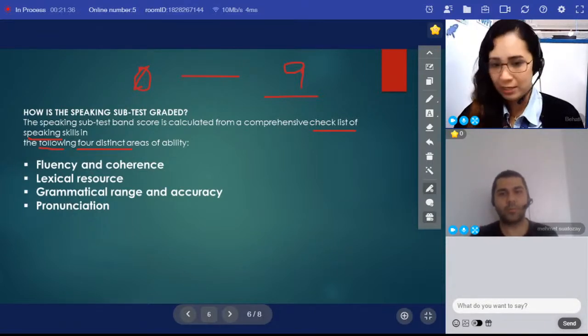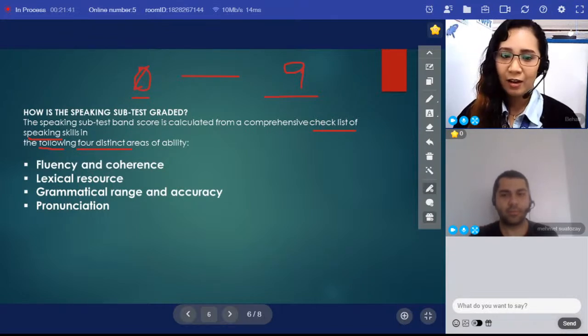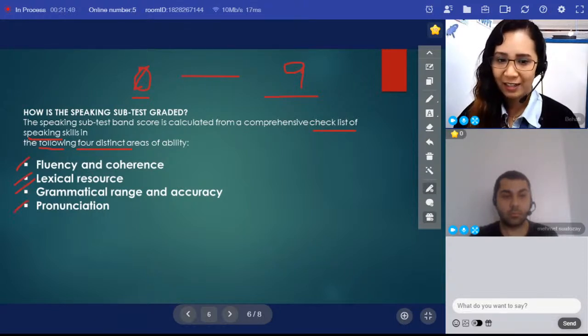That's, of course, the lowest. Nothing to give you. Now, to get a score of 9, you'd have to target the four areas of ability. Let's read number 1, the first one. Fluency and coherence.